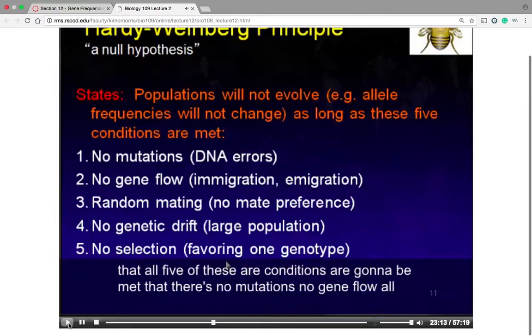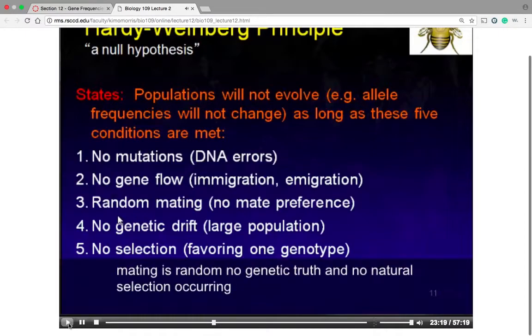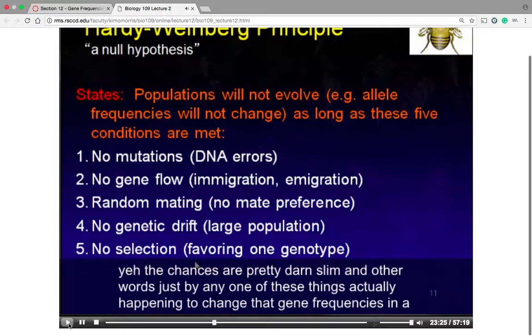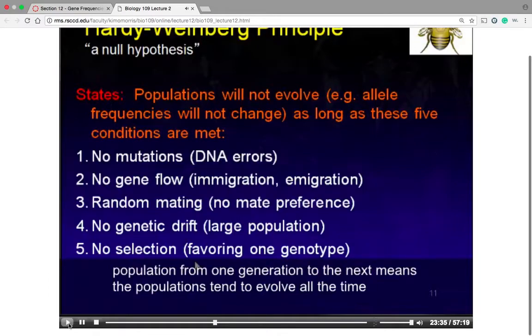What is the likelihood that all 5 of these conditions are going to be met? That there's no mutations, no gene flow, all mating is random, no genetic drift, and no natural selection occurring? Yeah, the chances are pretty darn slim. In other words, any one of these things actually happening can change the gene frequencies in a population from one generation to the next, which means that populations tend to evolve all the time.